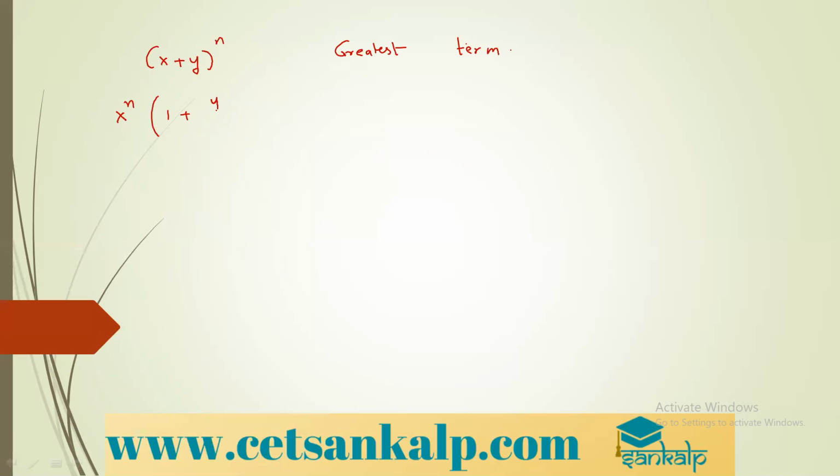You will have (1 plus y by x) whole power n. Separately, you will take this expansion (1 plus y by x) whole power n and find the greatest term as I did on the previous page. And that you will multiply with x power n, because x power n is outside, to get the result.